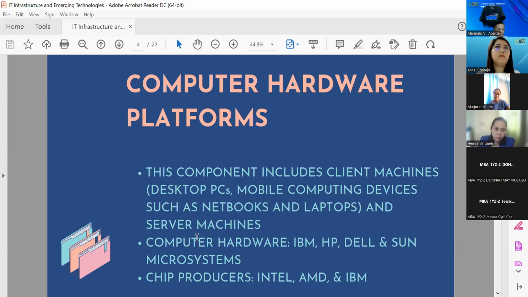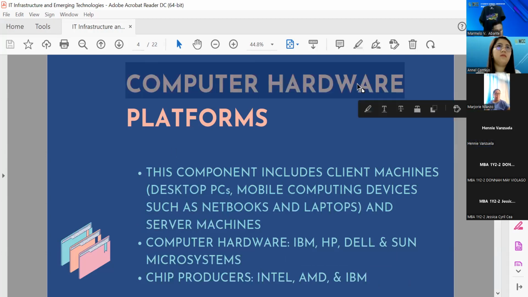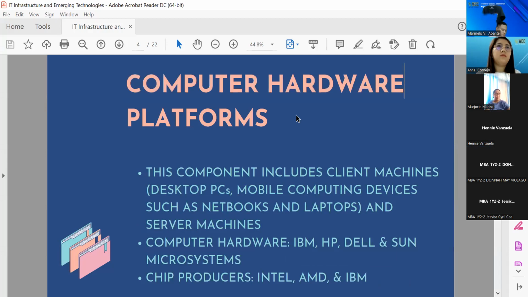For chip producers, this includes Intel, AMD, and IBM. Again, these are large and very profitable companies because of our heavy use of computer hardware platforms as part of the IT infrastructure.